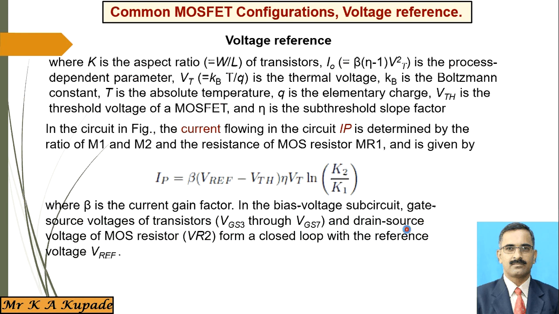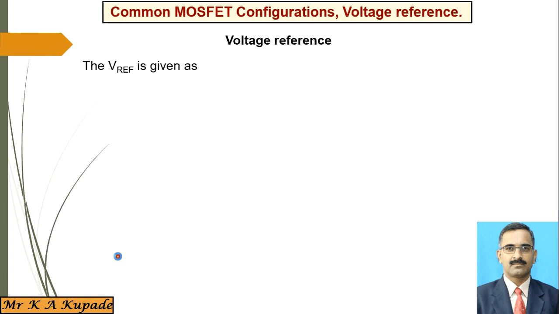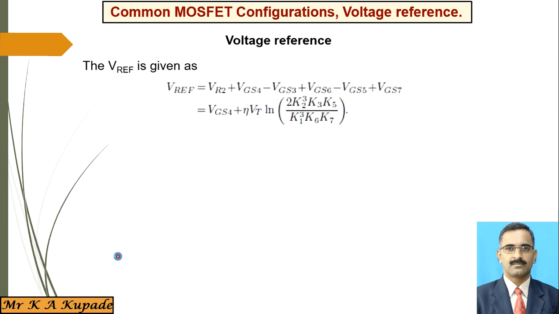And the drain source voltage of the MOS resistor is VR2, forming a closed loop with the reference voltage VRF. Remember that particular circuit. Now, VRF is given as VRF is equal to VR2 plus VGS4 minus VGS3 plus VGS6 minus VGS5 plus VGS7. That is nothing but VGS4 plus eta into the thermal voltage times the logarithm of all the parameters of the MOSFETs.